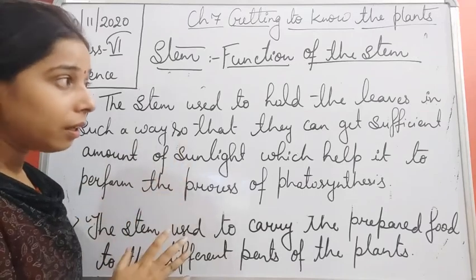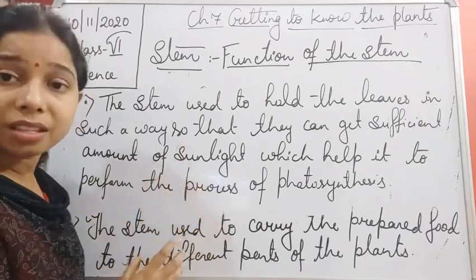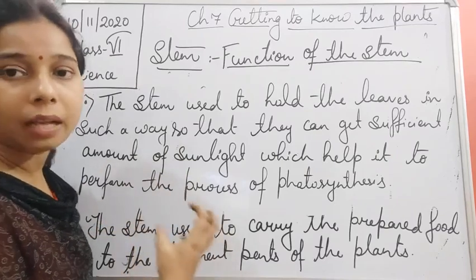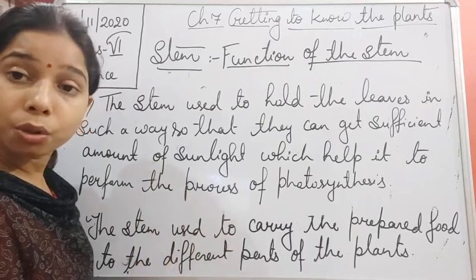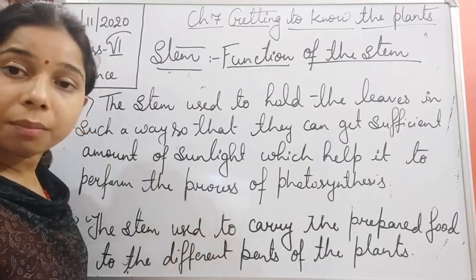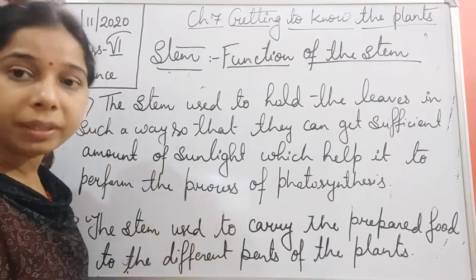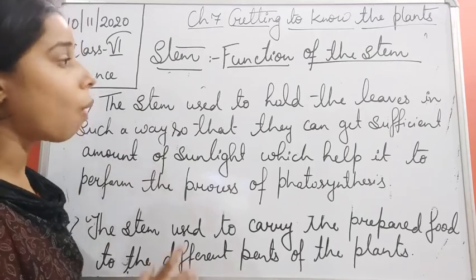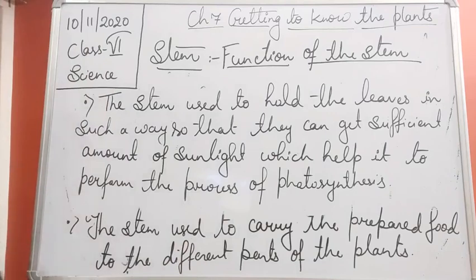Then finally, it is used to hold the leaves in such a way that the leaves get a sufficient amount of sunlight, and you know that sunlight is very important for completing the process of photosynthesis. So this is all about the function of the stem.